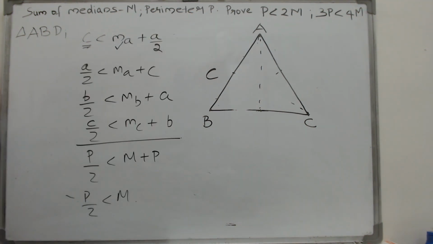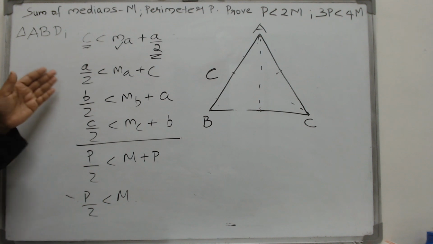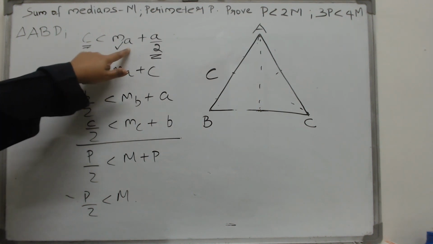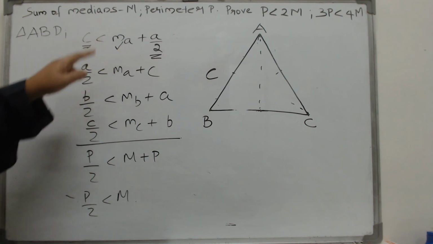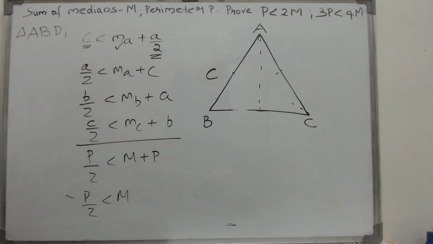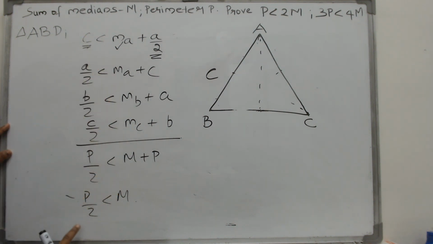Now, what happens if you go for an inequality which gives an upper limit for a by 2? You will get 3 such corresponding inequalities, right? Here I have taken MA. If you take the other two medians in 3 different steps, you will get 3 different inequalities, add all of them, and finally you arrive at such a result.